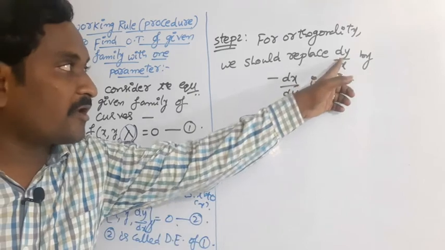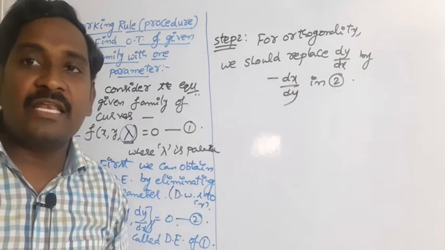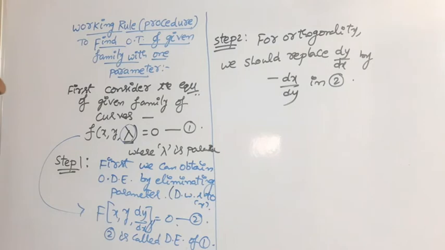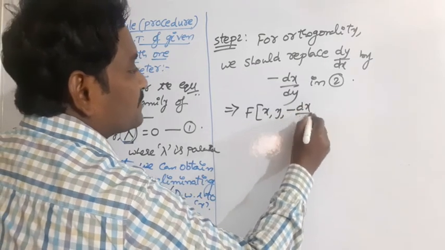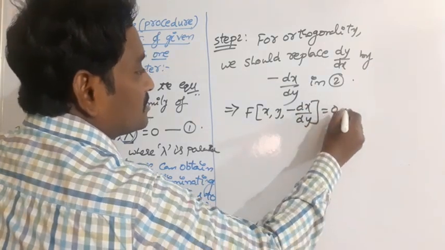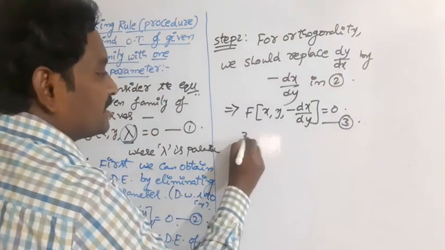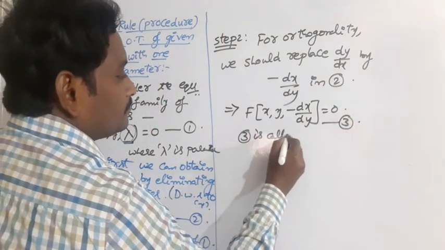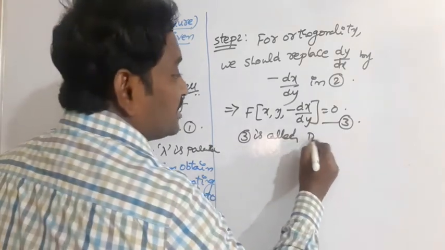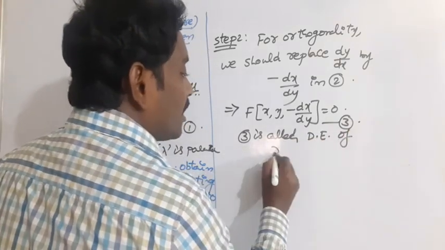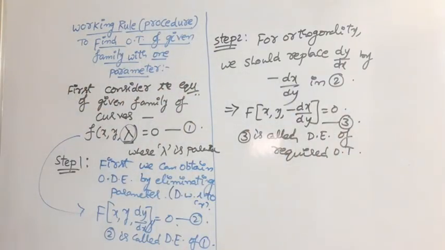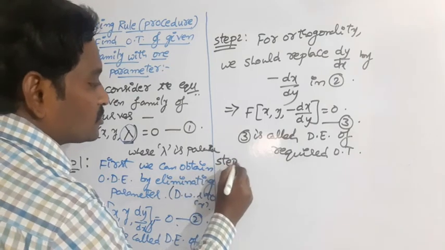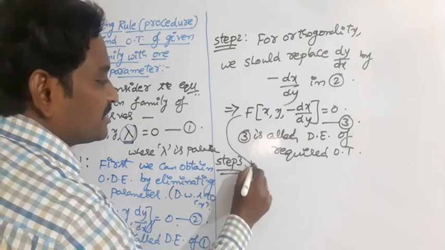Because the product of both is -1, automatically you will get the orthogonality. So you will get F of x, y, minus dx by dy is equal to 0. Take it as equation number 3. Equation 3 is called the differential equation of the required orthogonal trajectory. Now finally we have to solve this first order differential equation.